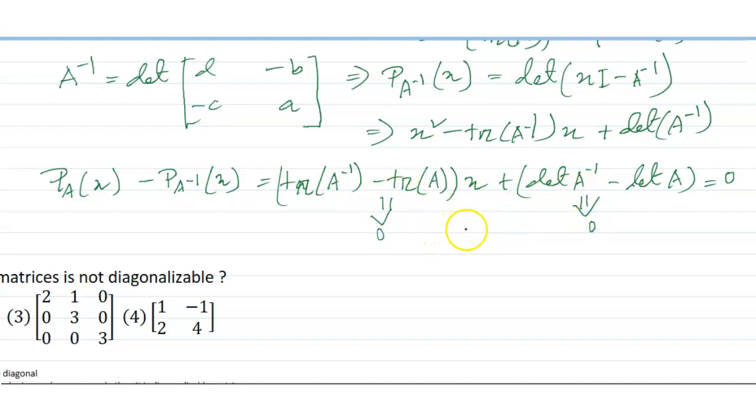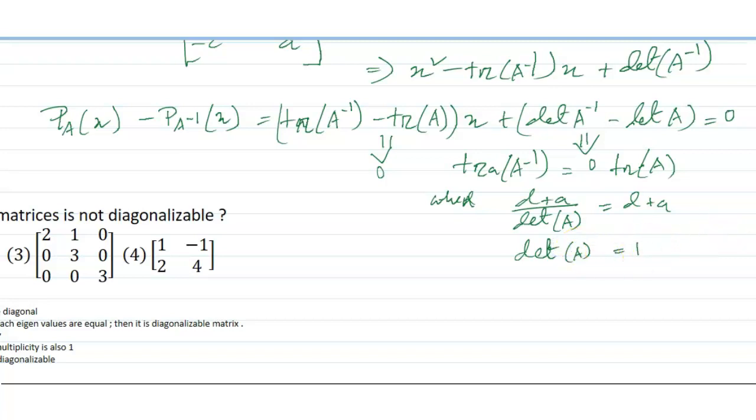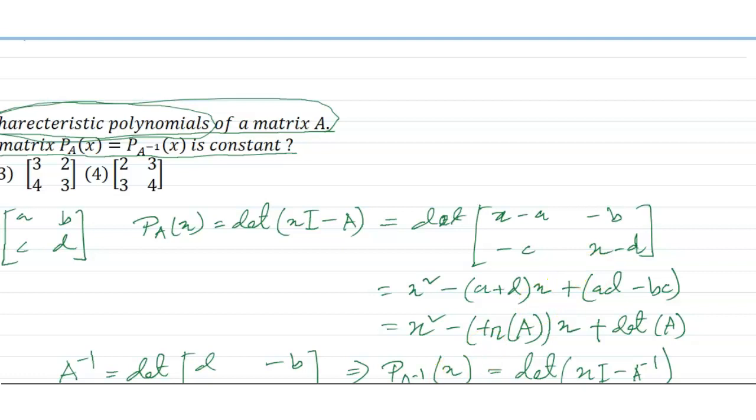So trace of A inverse equals trace of A. So trace of A inverse, trace of A, which is d plus a, equals the trace of A divided by det A, equals d plus a, so det of A equals 1.